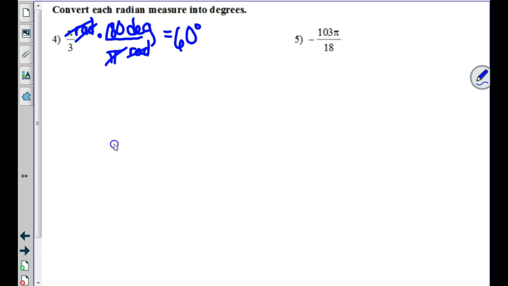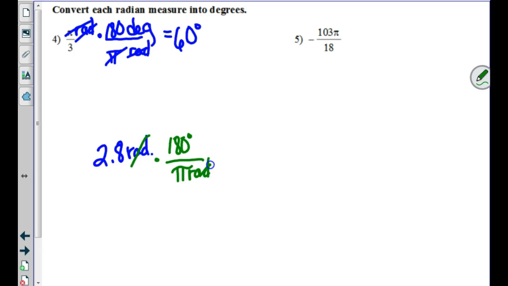Any questions about that? What I'm talking about is if I told you I had 2.8 radians, would you know what you had to do to change that to degrees? If it didn't have a pi on it, you would still say, well, pi radians is equal to 180 degrees.